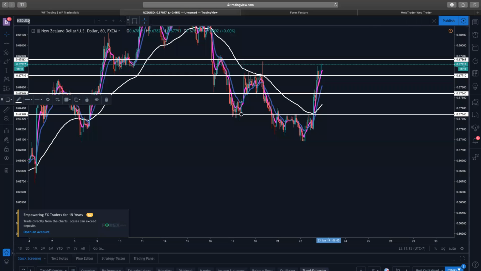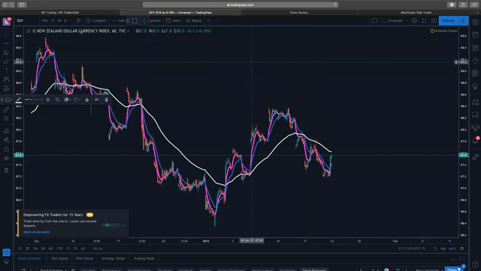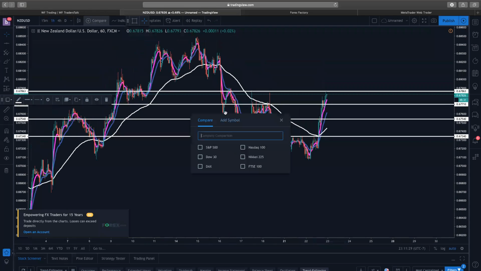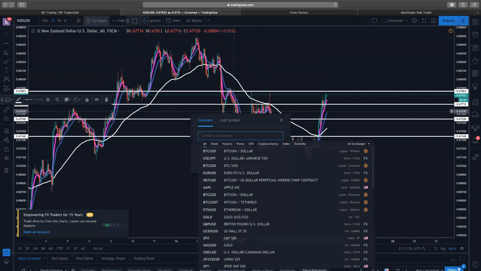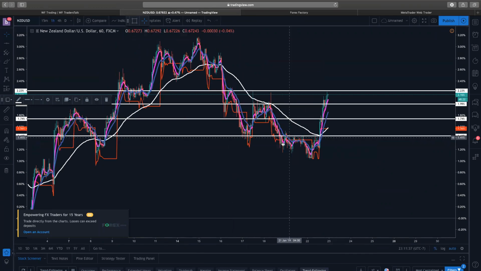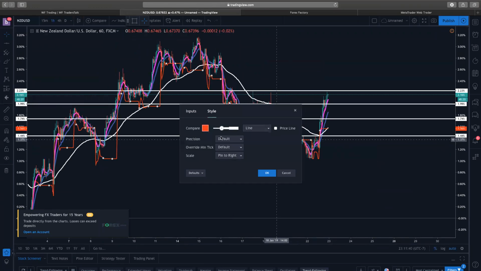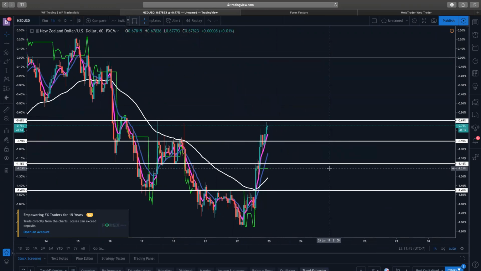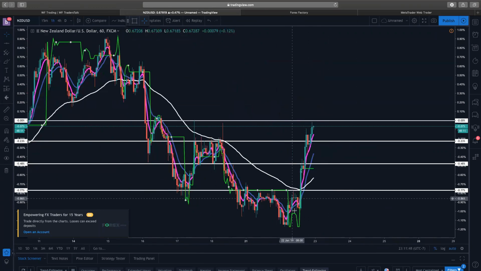So one thing we could check out, oh, my bad about that. Let me get back to that. We could toss on the actual NZD index. So checking this out, we're able to look. And then so with this pair, we could see that with NZD, that's the green line. NZD capped out right here at price, like it's literally flat right now.